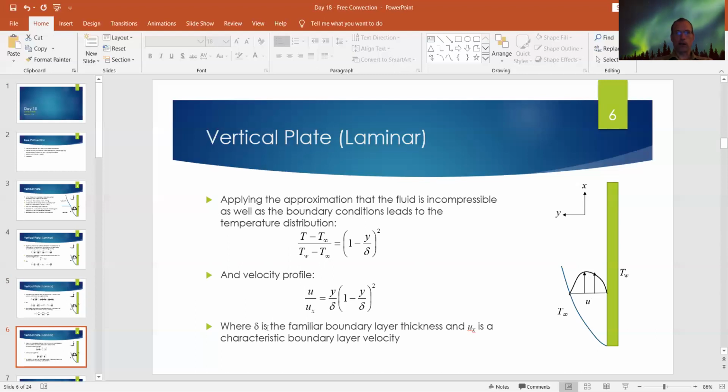Again, delta is my familiar boundary layer thickness, and ux is some characteristic boundary layer velocity. In the forced case, I had u infinity as my characteristic velocity. But in this case, u infinity is 0. I don't have it, so I just have some unknown characteristic velocity, ux, inside the boundary layer.